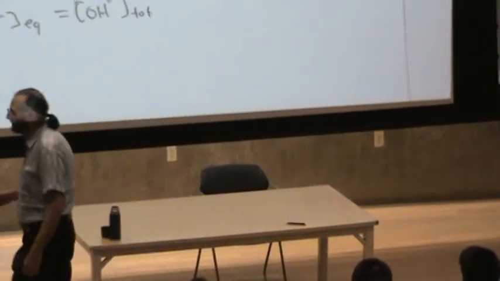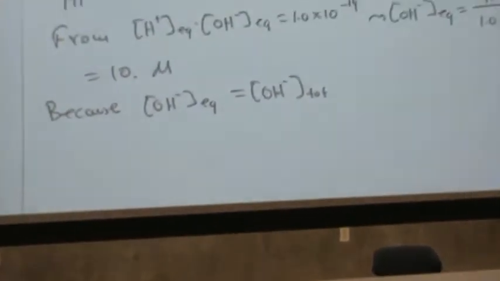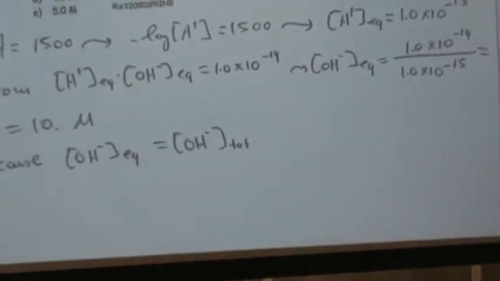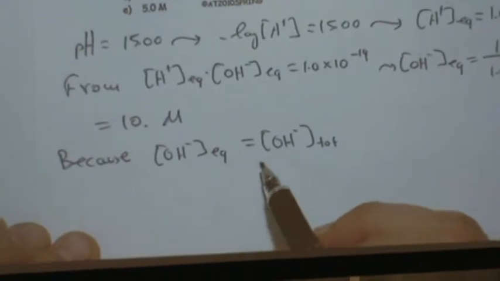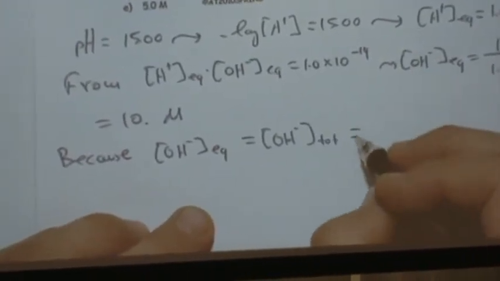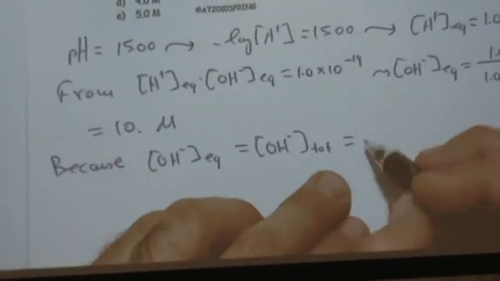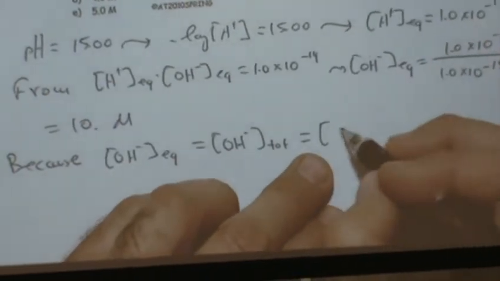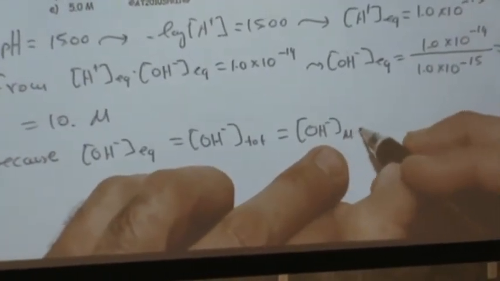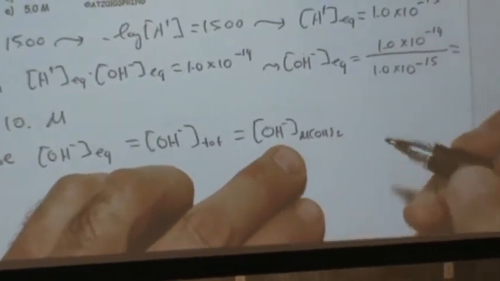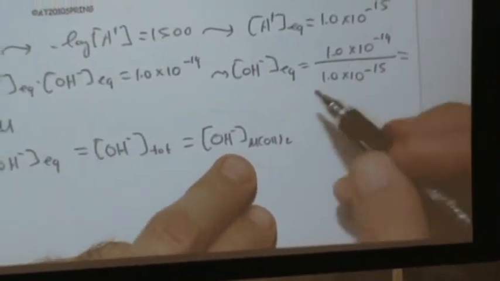And so the only one that comes is from the base. So that's why the equilibrium will be equal to the total. The equilibrium is the total and also is equal to that which comes from the base, because the water doesn't count. It's so little. Ionization of water is totally suppressed.